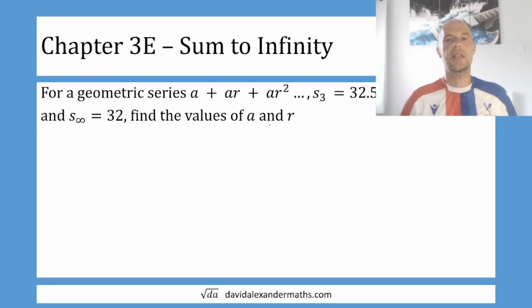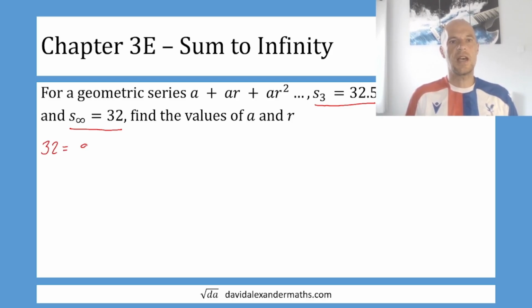Okay, for this question we've been given 2 bits of information. The sum of the first 3 terms is 32.5 and the sum to infinity is 32. So the sum to infinity is a over 1 minus r. So 32 equals a over 1 take away r.